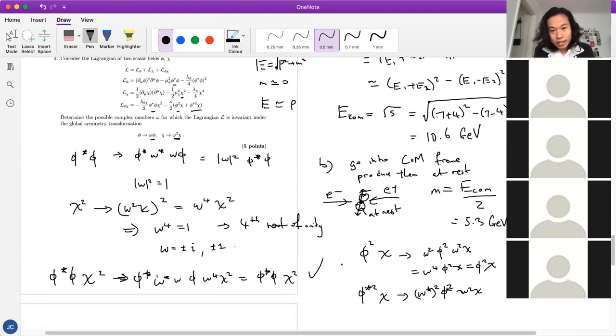This one still works because whatever omega is, whether it's plus or minus i or plus or minus 1, this will equal minus 1 and this one will equal minus 1, so the two of them will just cancel out. So all of them are fine. Any of the roots will work.